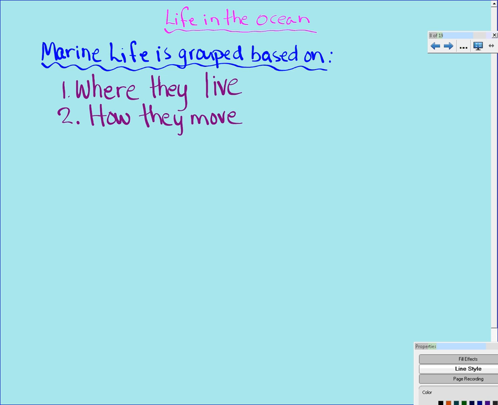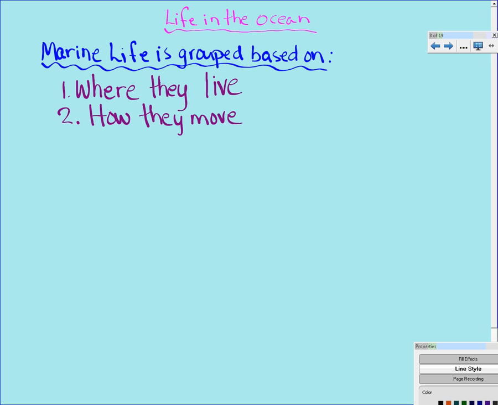Like us. We live on land, and how do we move? We walk. And fish live in the water. That's where they live, and then how they move. So we group them based on these two things.